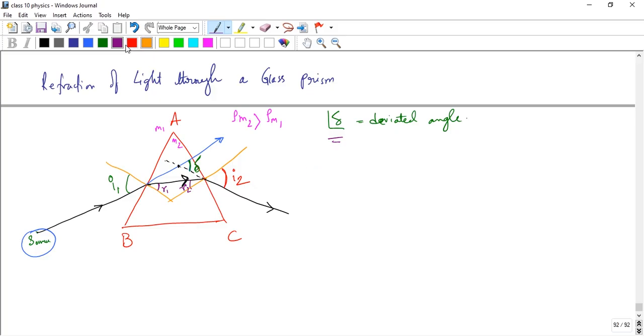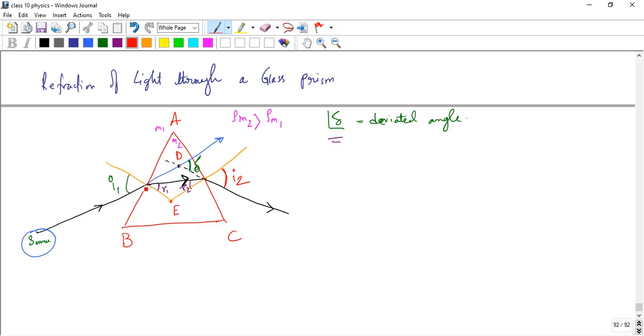Suppose we see the angle I and delta. So name the angle I1. Now name all the vertices first: B, that is D point, that is E point.